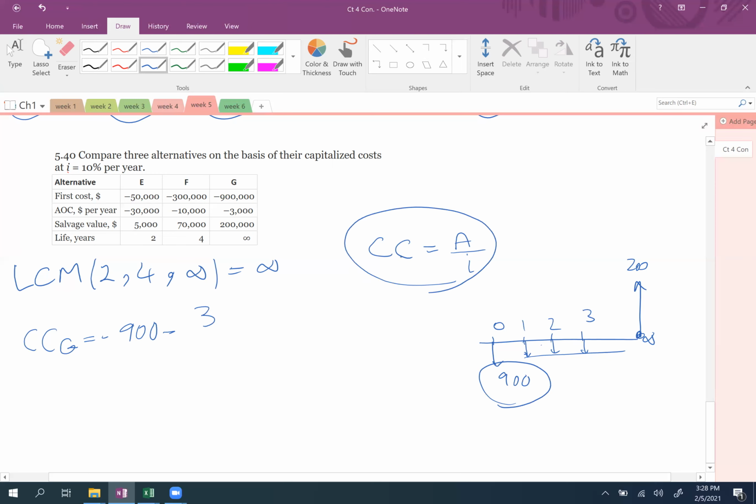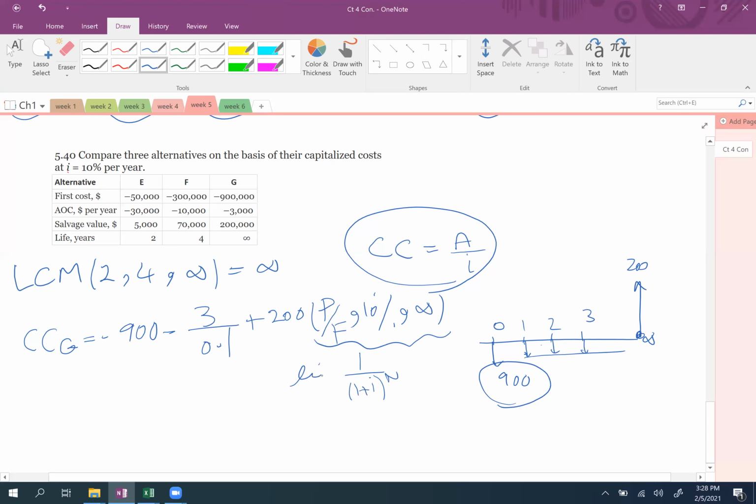For capitalized cost, when you have equal amounts of payments, you will say A over i. And you have a $200 cash flow at very, very far future. So you want to find the present worth of that, given F, i%, and infinity. Do you remember from chapter 1 that the P given F factor's exact equation is 1 over (1+i) to the power of n?